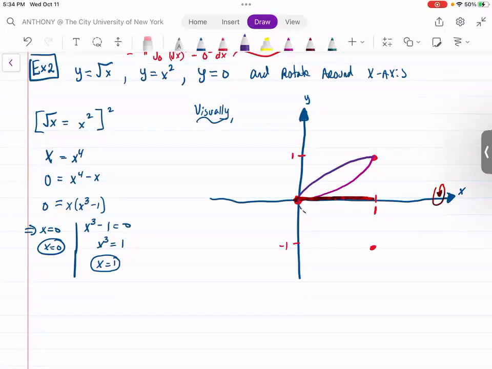Here's your first piece. This will be the reflection of the square root of x, right? Here you'll have the reflection of x squared. Now, because of this rotation, you're going to see that you have the following.